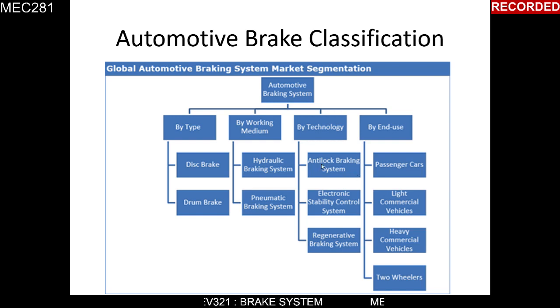The anti-lock braking system, short form ABS, we have already learned about during our practical session, laboratory experiment 2, if I'm not mistaken. And by end use, they are classified as passenger cars, commercial vehicles, heavy commercial vehicles, two-wheelers, motorcycles, and so on.